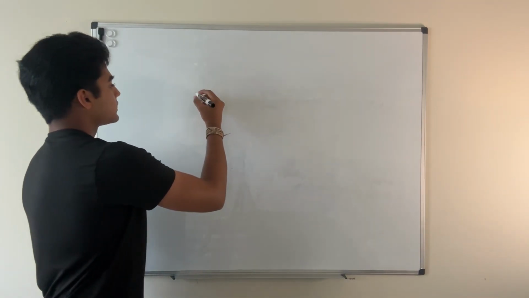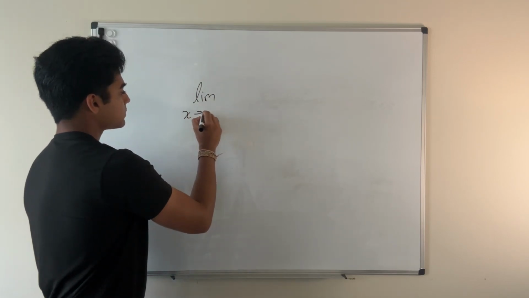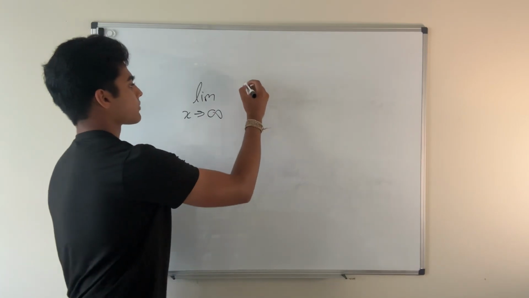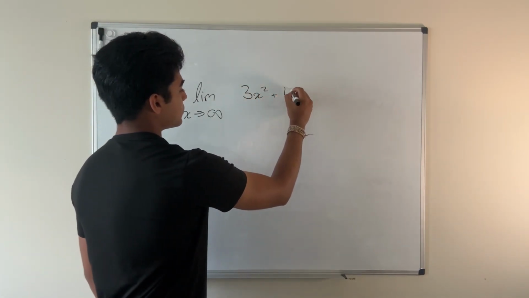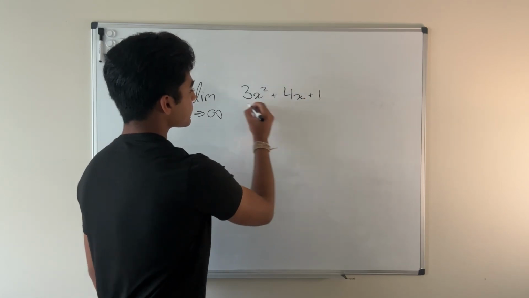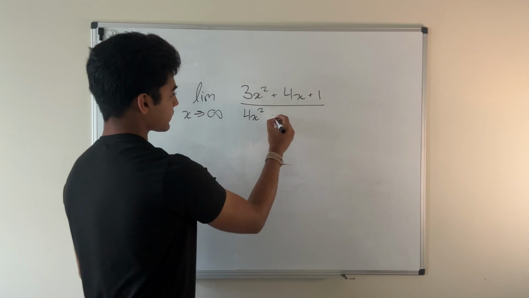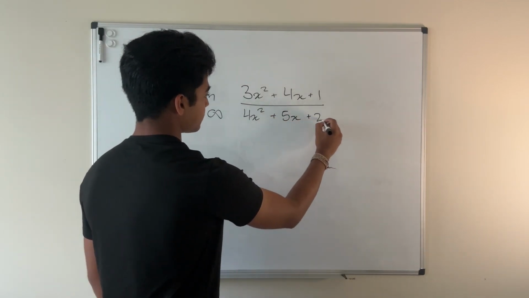So let's look at an example such as the limit as x approaches infinity of, let's say, 3x squared plus 4x plus 1 over 4x squared plus 5x plus 2.